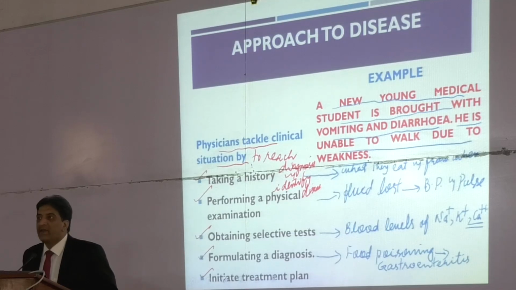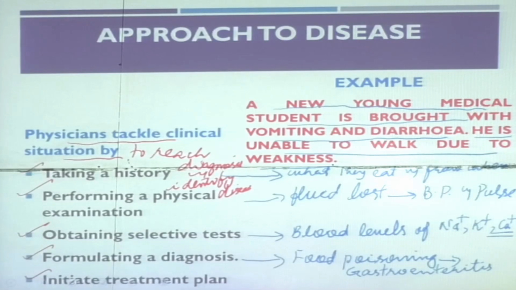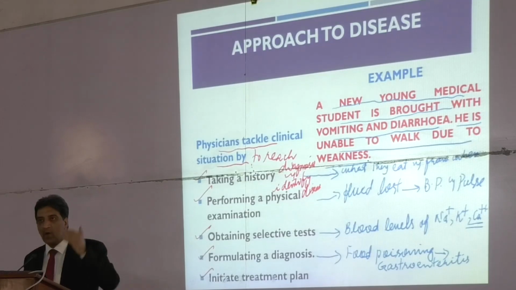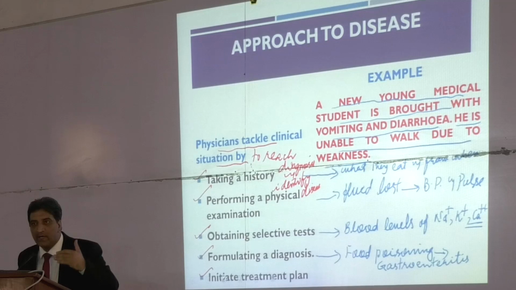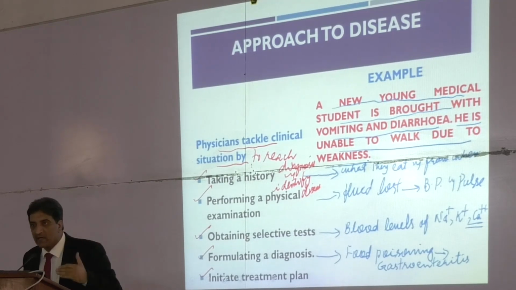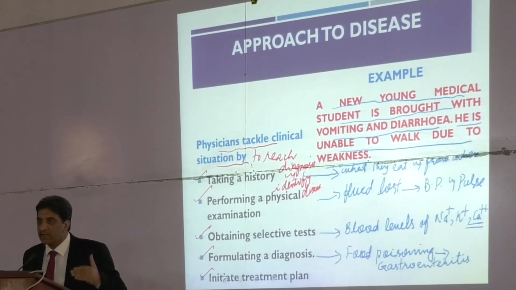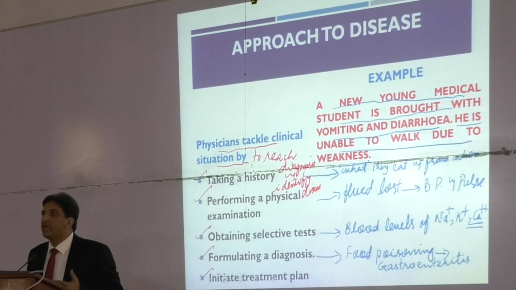So, what treatment plan will arise in your mind? On the basis of all these findings, that the fluid is lost, the ions are lost from the body, he is having weakness, what treatment plan would come to your mind?